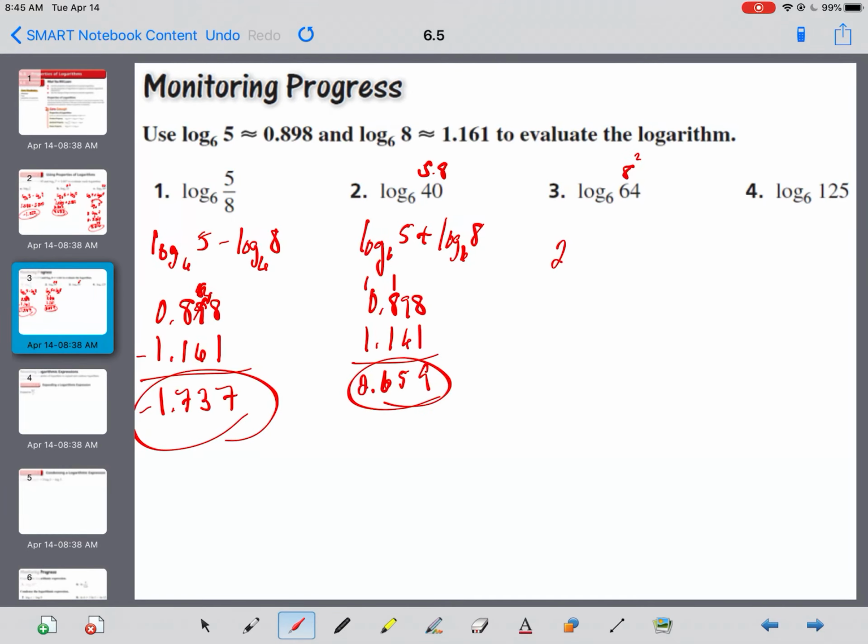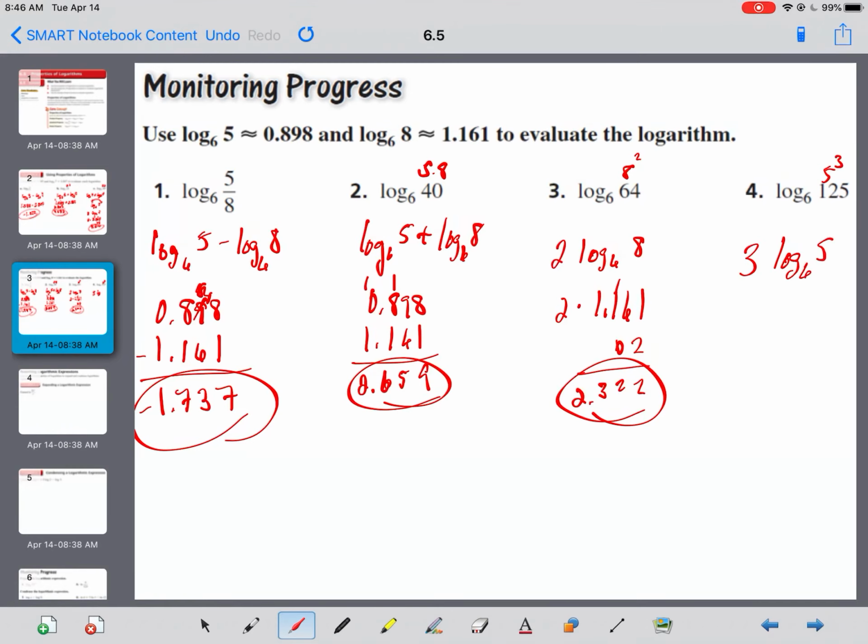Here we go, 2.659. That's 8 squared. So 2 times log base 6 of 8. So 2 times 1.161. 2.322.